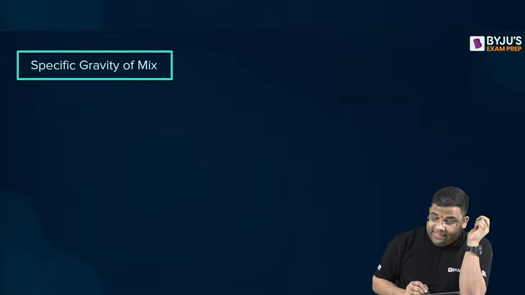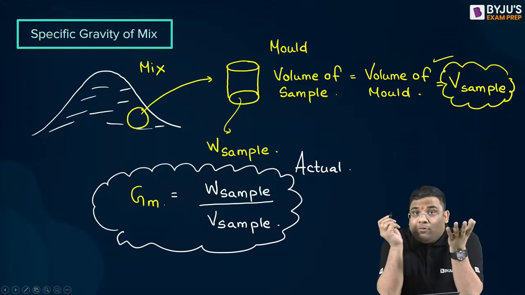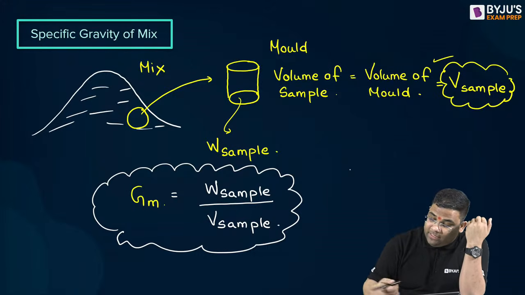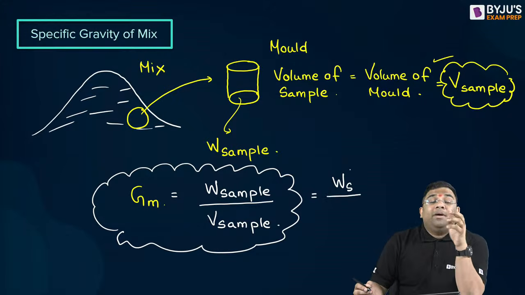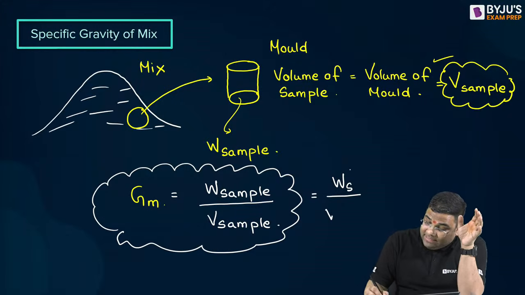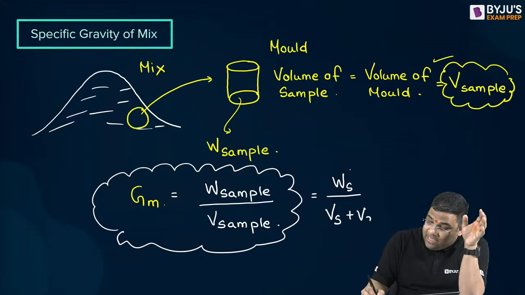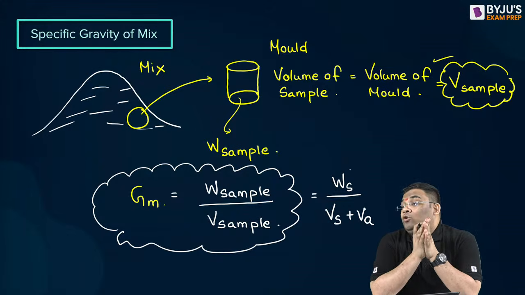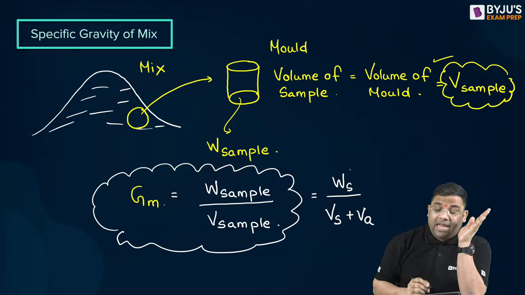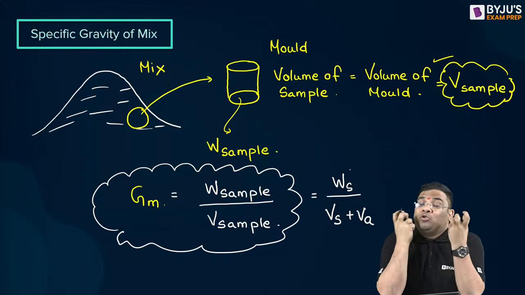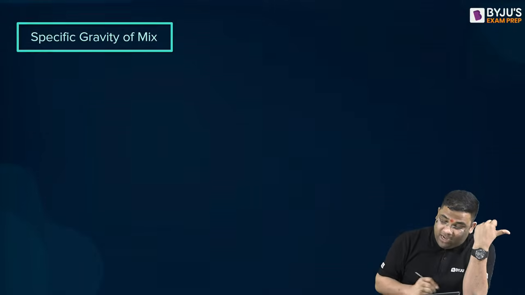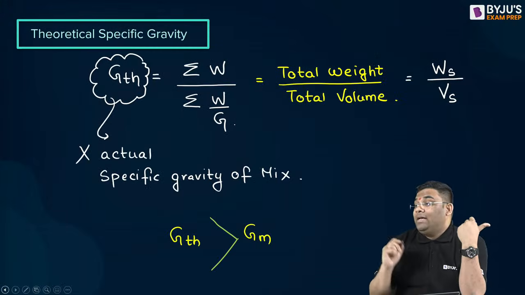But for the GM, the actual one, you are taking the weight of the sample, which contains the weight of solids, but the volume of the sample contains the solids and the air also. If you compare these two equations, GM and G theoretical, the numerator is the same, but the denominator is more in case of GM, because the air volume is also included. So the theoretical one will always be greater than GM.